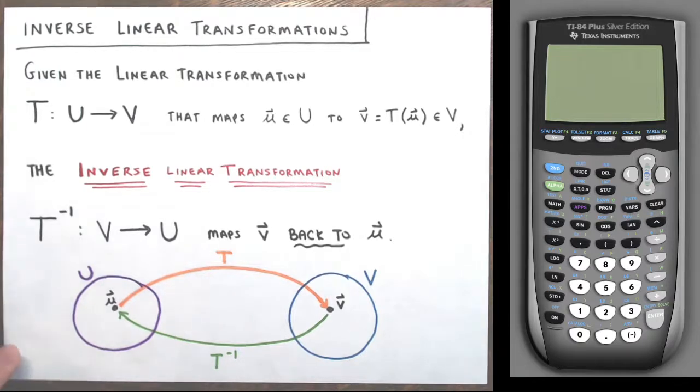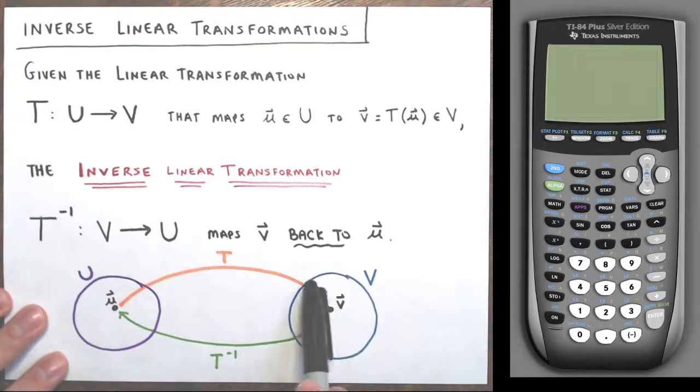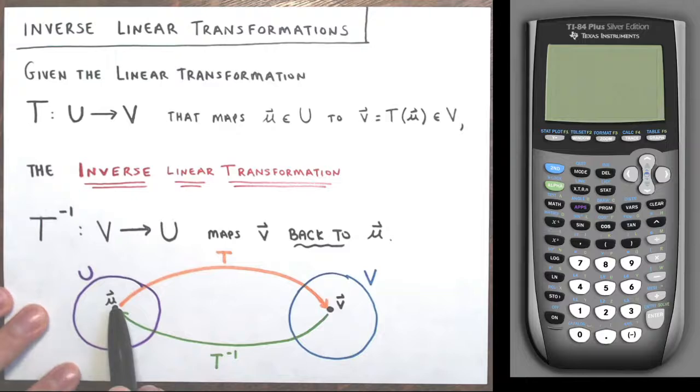Suppose this circle represents the vector space U. This circle represents the vector space V. Suppose I take a vector from U called vector U here, and then under T, this arrow, U maps to vector, say, V in the codomain.